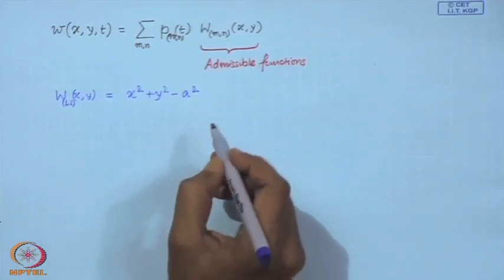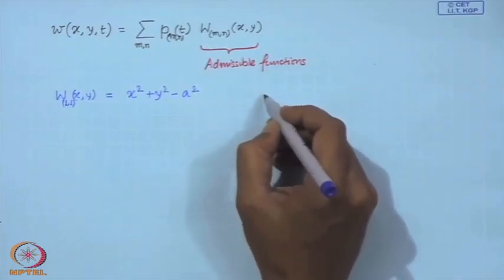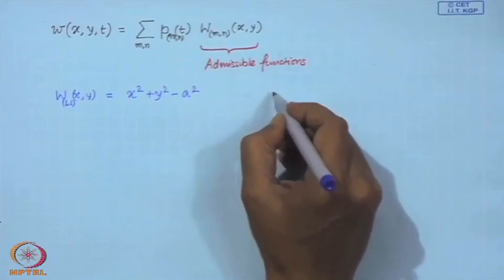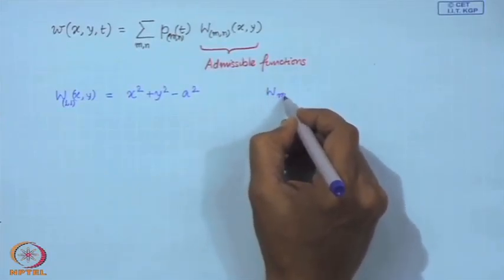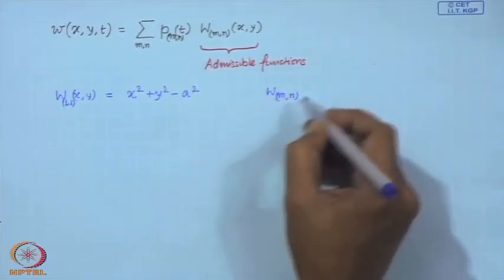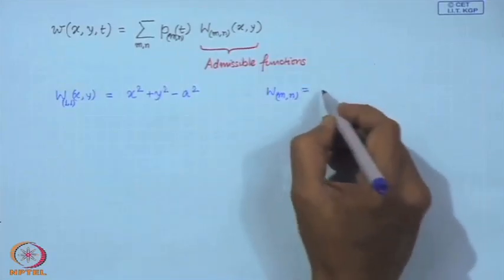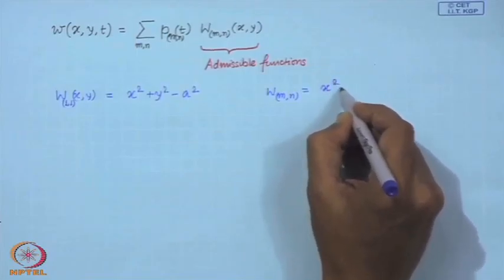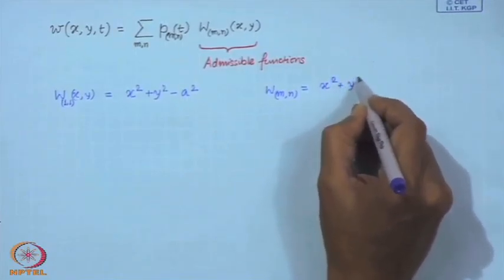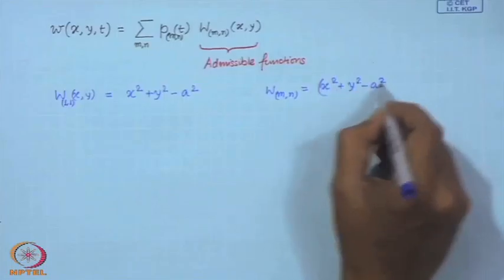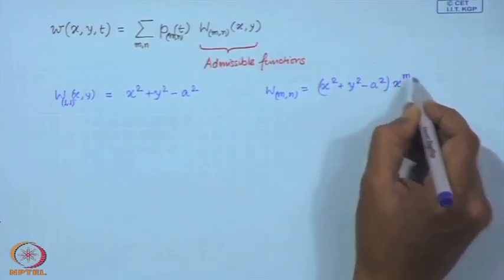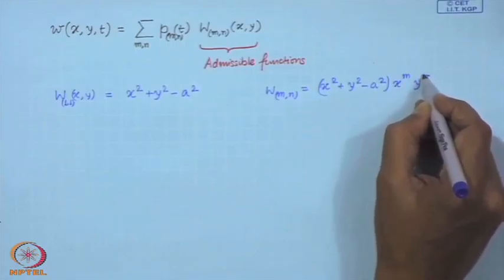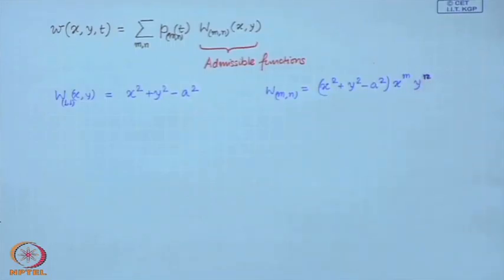Then I can generate the expansions here as multiples or products of this function and other monomials, say x power m and y power n.